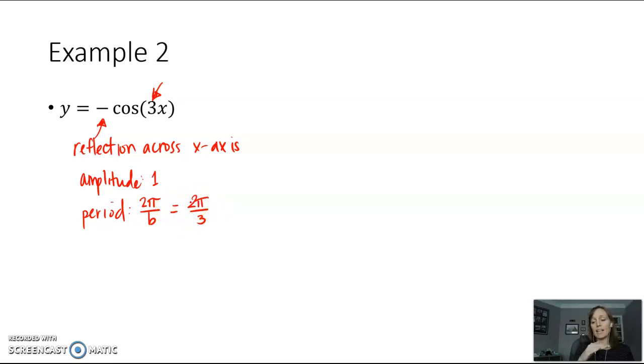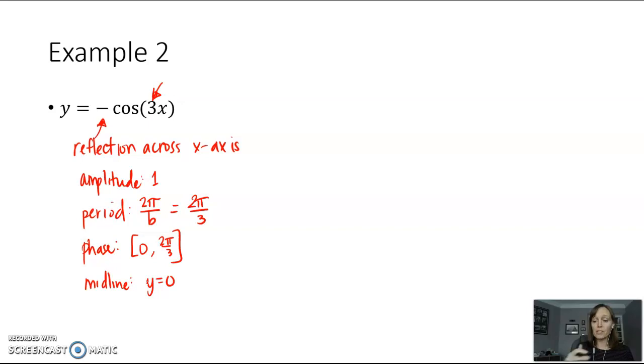So instead of it taking a total distance of 2 pi for cosine to go through its full cycle, it's going to only take a distance of 2 pi over 3. Okay, the starting point hasn't changed because nothing's being added or subtracted. But now my phase ends at 2 pi over 3 because that's how long it takes for it to go through a full cycle. And then the midline isn't changing either, and so the midline is still at y equals 0.